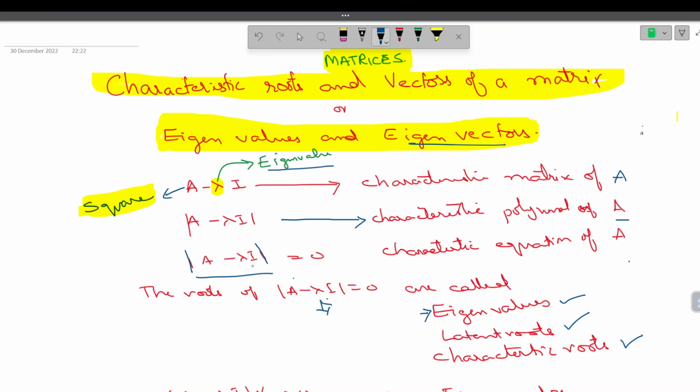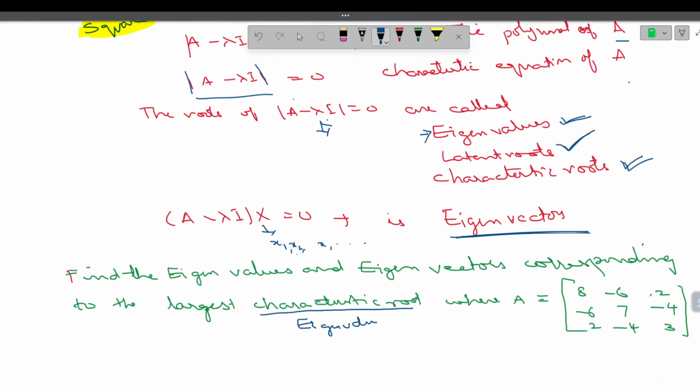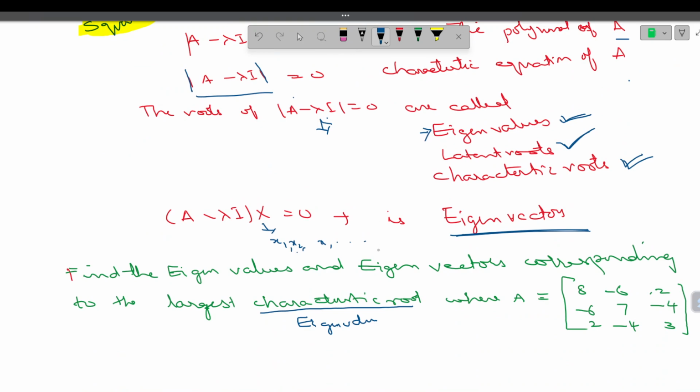The roots of this characteristic equation are called eigenvalues, latent roots, or characteristic roots, whatever you want to call them, but nowadays they are called eigenvalues. With A minus lambda I times x equal to 0, we are finding the value of x. For a 2 by 2 matrix, we have x1, x2; for a 3 by 3 matrix, x1, x2, x3.